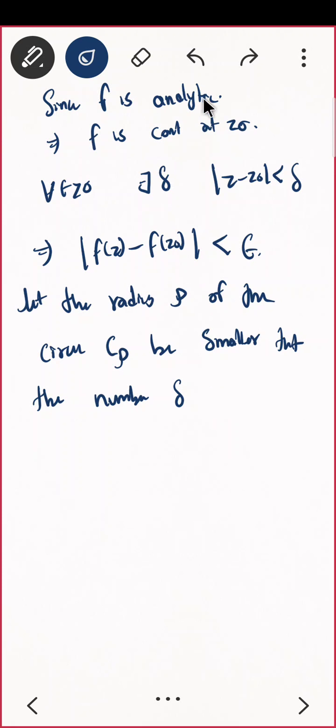That is less than the number sigma. See, I already told you ये रो हम लोग decide कर सकते हैं. We can take rho as small as I want. I just need to get this rho smaller than this sigma. Z minus z naught less than sigma. एक continuity का definition use करने पे जो आता है sigma, उससे छोटा रहना चाहिए. That's it.